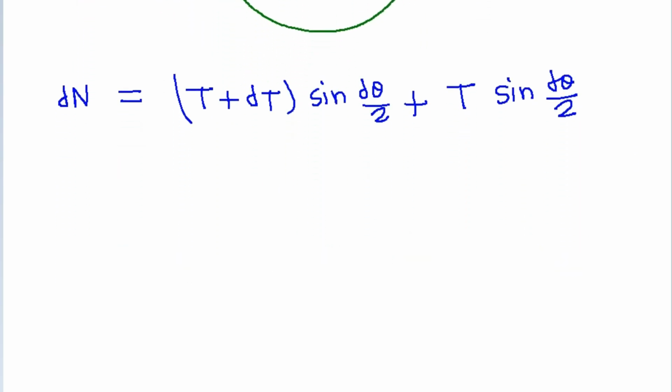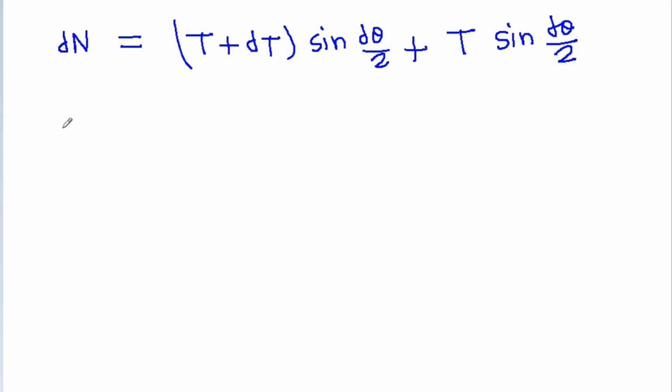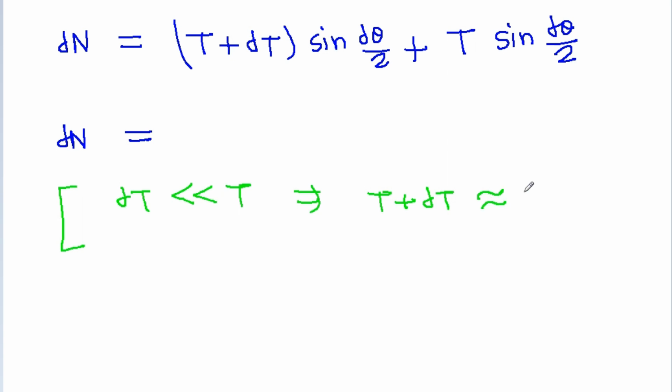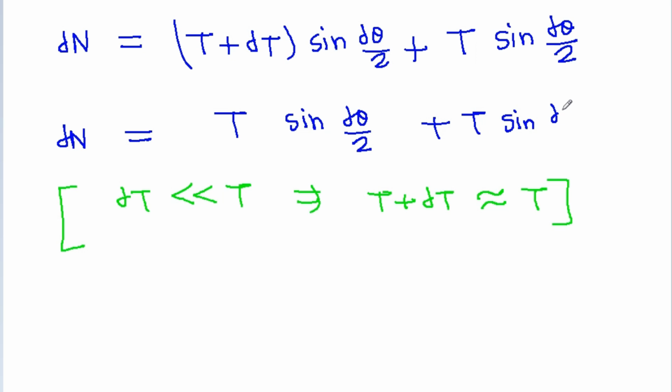Here dT is much less than T, so T plus dT is approximately equal to T, and we get dN is equal to 2T sin d theta by 2.